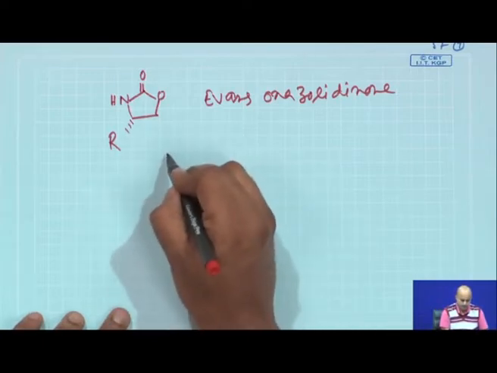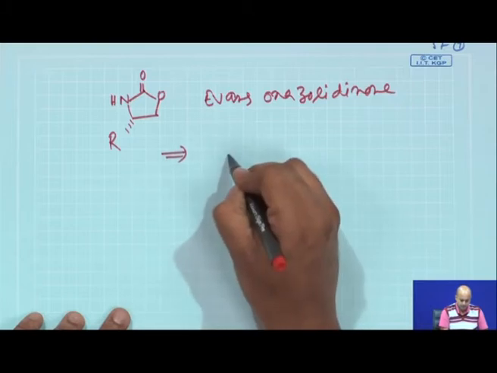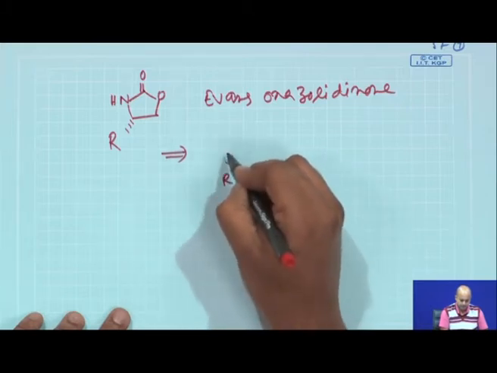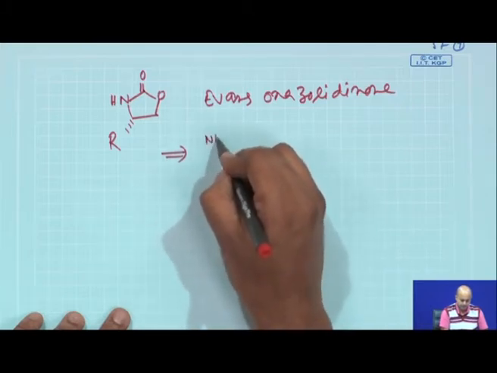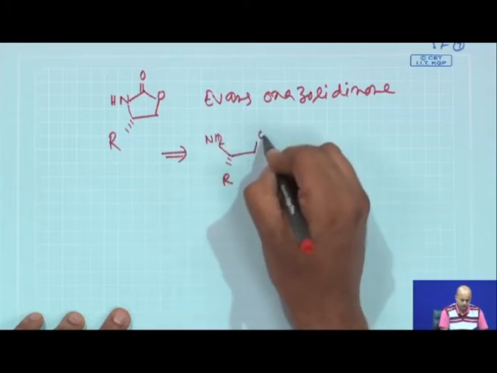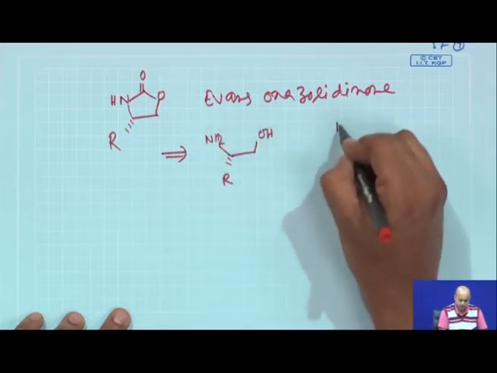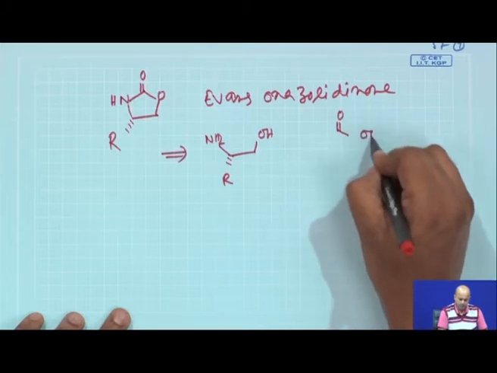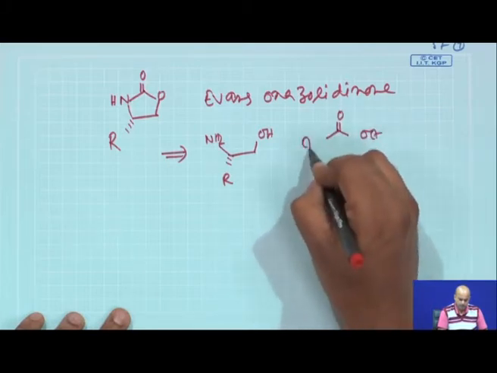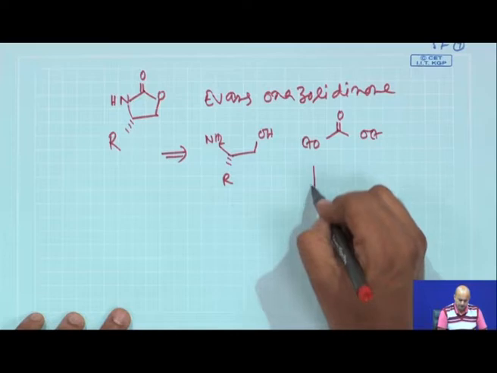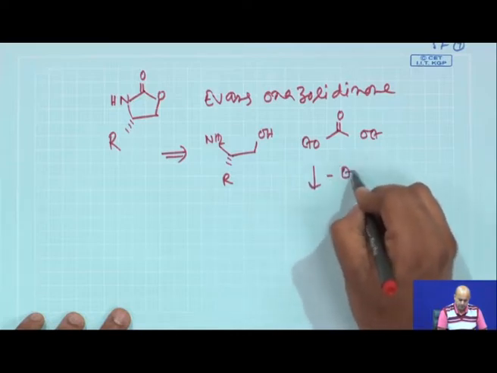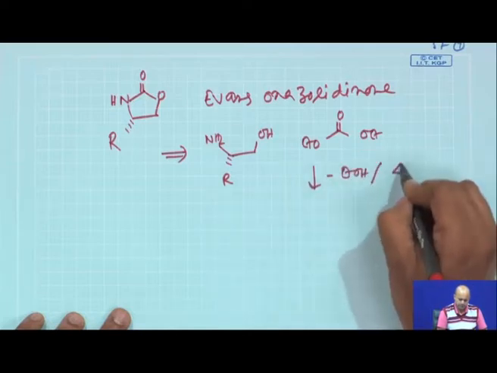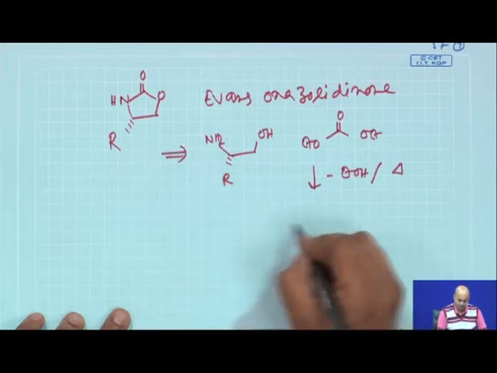These oxazolidinones are best prepared starting from the corresponding amino alcohol. You react this amino alcohol with diethyl carbonate or other reagents, and you can remove 2 equivalents of ethanol by simply heating to get this oxazolidinone.